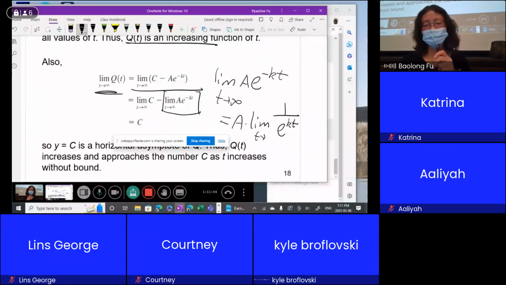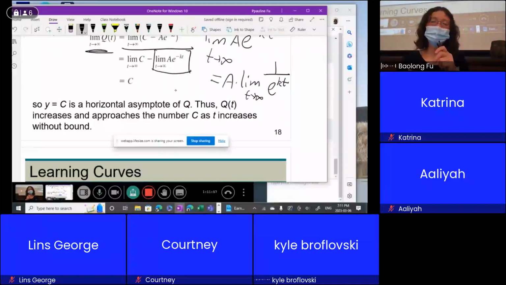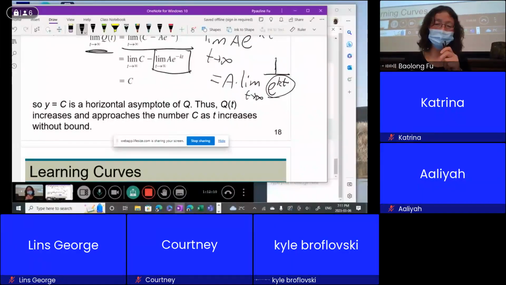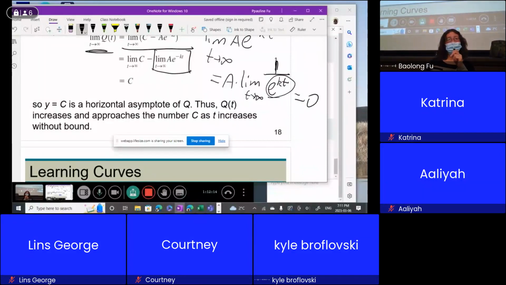When t goes to infinity, the number on the bottom is a very big number. If you have a very big number on the bottom and 1 on the top, the limit is 0. So it is C minus 0, equal to C.